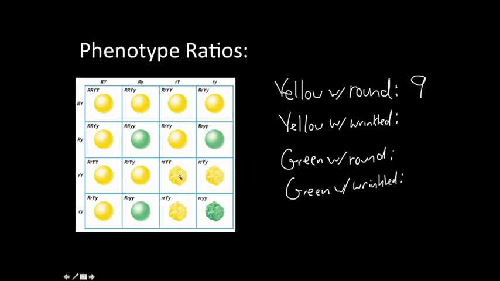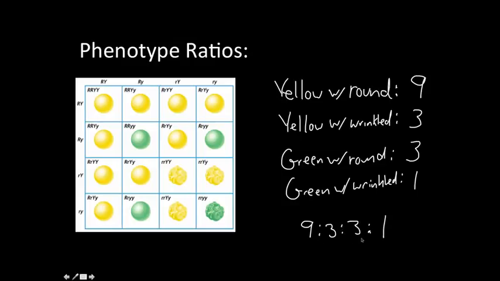There are 3 that come out yellow and wrinkled, 3 that come out green and round, and 1 that comes out green and wrinkled. So that would be our ratio, and we could write it as 9 to 3 to 3 to 1.